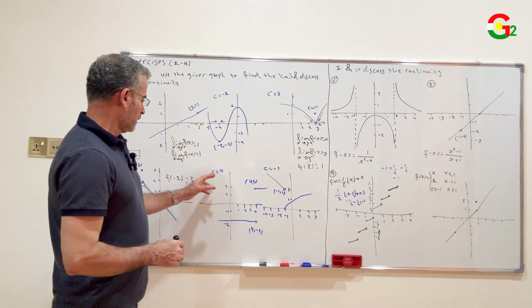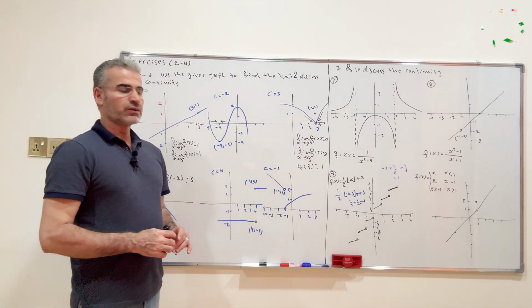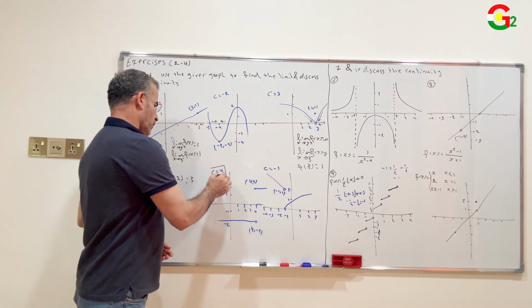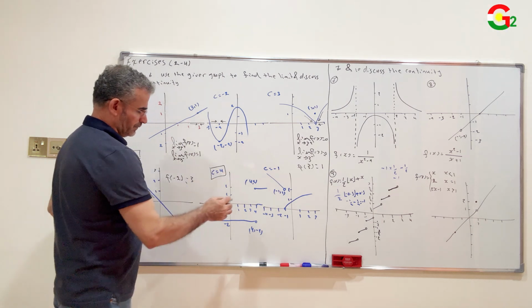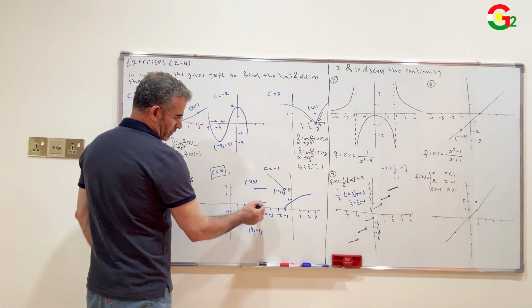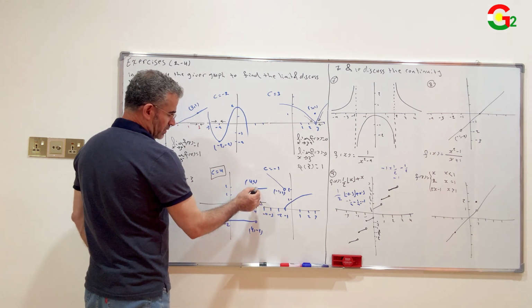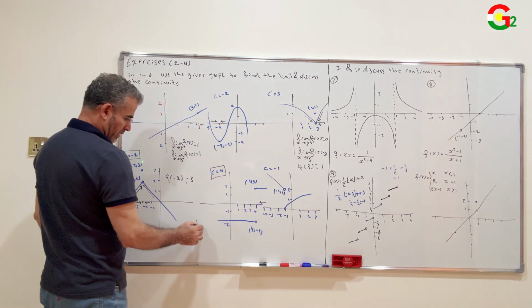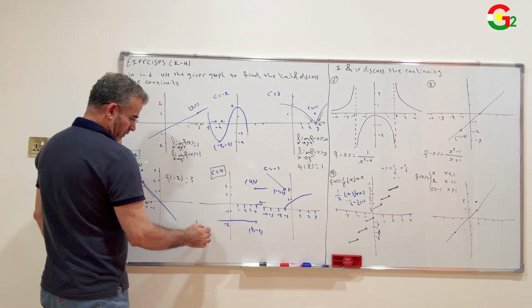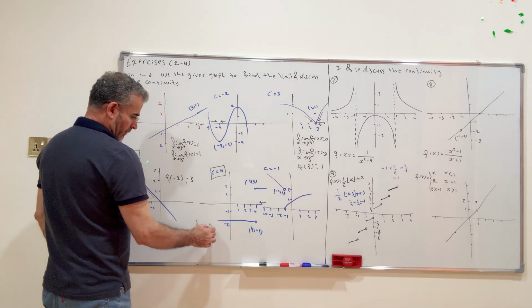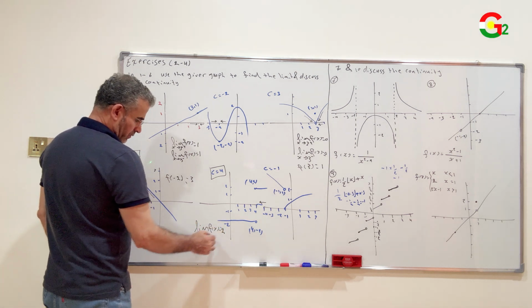Number 5, discuss the limit and continuity when c equals 4. When x approaches 4 from right, the function is 2. Limit as x approaches 4 from right is 2.